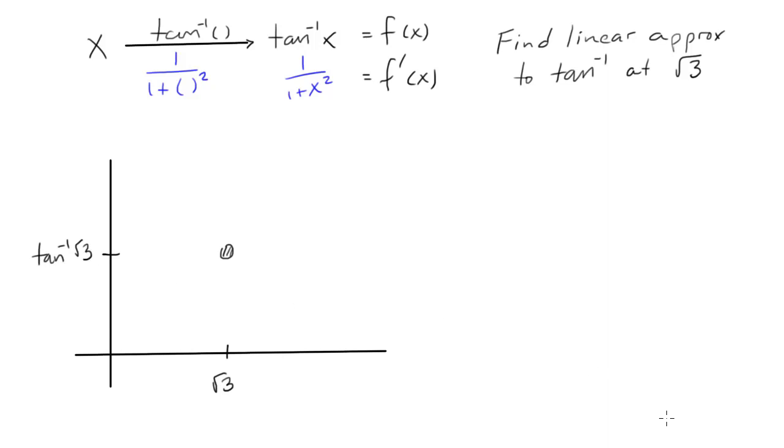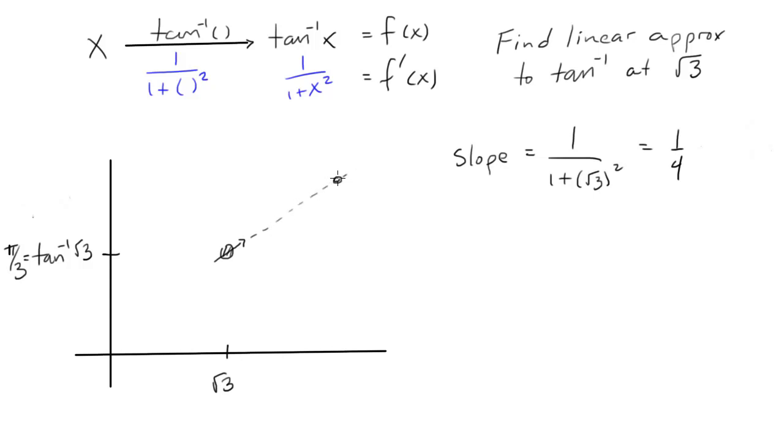So at the point square root 3, inverse tangent square root 3, it's pi over 3, slope, plug in square root 3 into the derivative, 1/4.